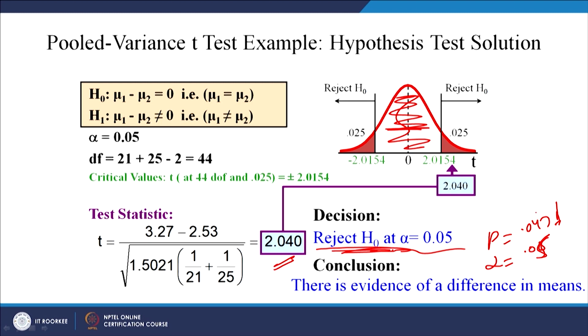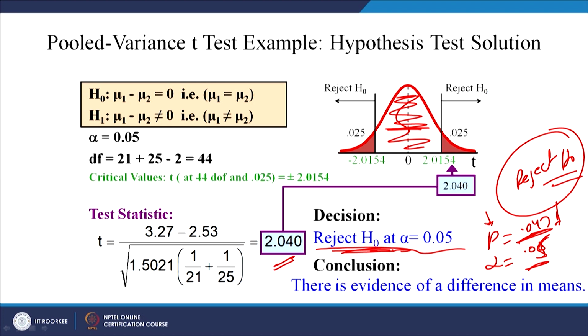The p value is less than alpha. So, we will reject the null hypothesis, right. So, the decision is reject the null hypothesis, not the non rejection of the null hypothesis, right. We will reject the null hypothesis because p is less than alpha, right. So, either you go by the p value approach or by the critical value approach, we will reject the null hypothesis, right.